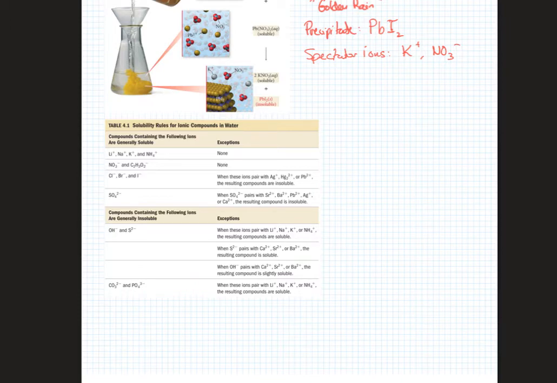Let's just start with the species that we have. We have KI, we have Pb(NO3)2, we have PbI2, and we have KNO3. Those are my four different species.